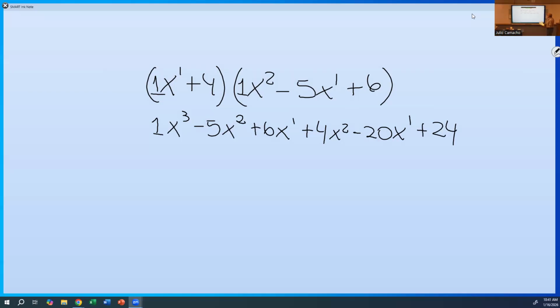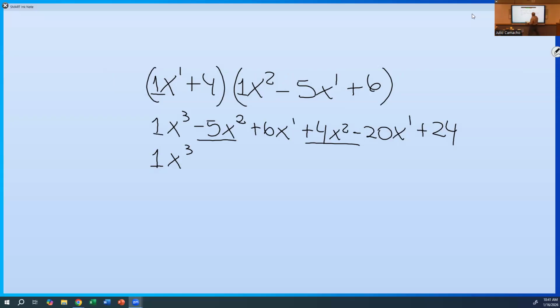Again, like terms. You see, there is no other term in all these polynomials that has the power of 3. Because of that, I will have to write this again, x to the 3rd power. But I have a -5x and I have a positive 4x squared. I can combine these two guys.